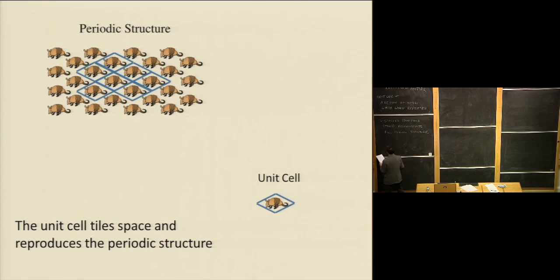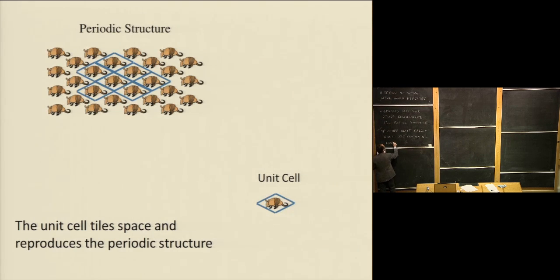Another definition which is useful is a primitive unit cell. Primitive unit cell equals a unit cell containing exactly one lattice point.